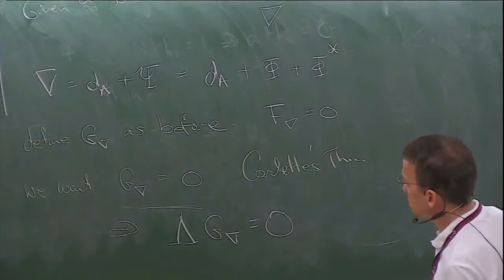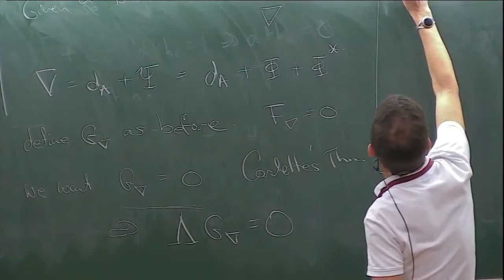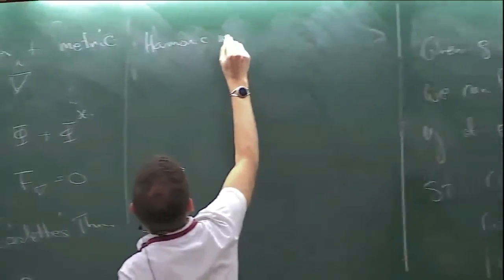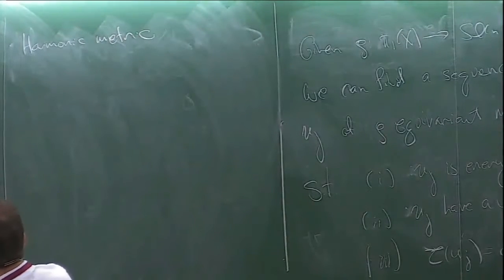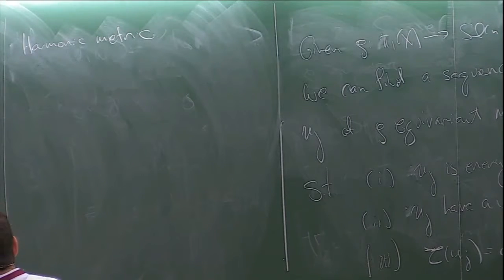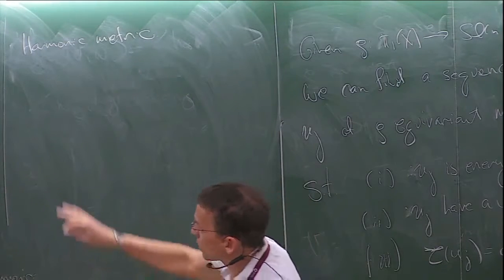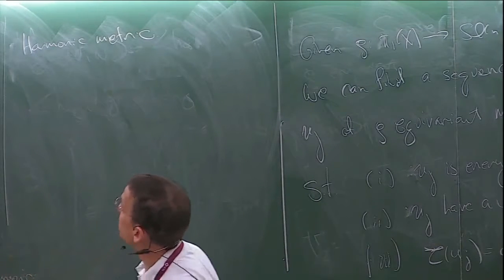So here, the harmonicity, I should say for the harmonic metric, right? So if I take a flat connection that's semi-simple, I know that I have a harmonic metric, and I claim that it implies this condition.